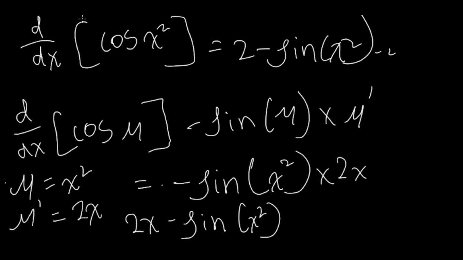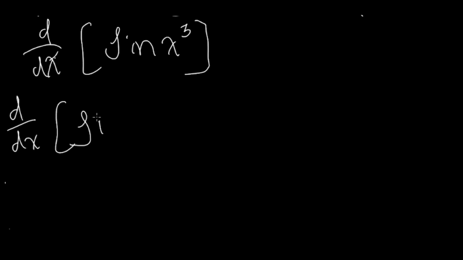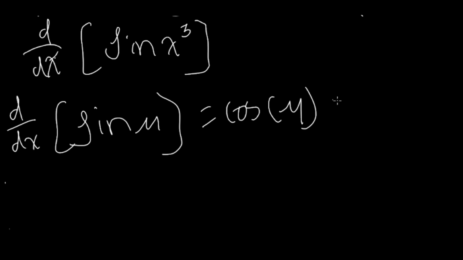Right. With the same logic in mind, let us consider the derivative of sine x cubed. Now the derivative of any sine of u is equivalent to cosine of u times u prime.